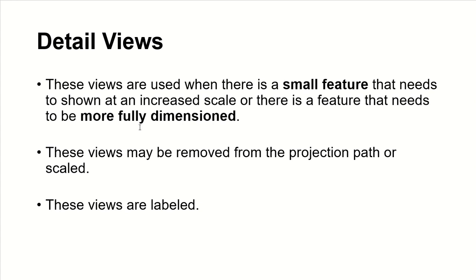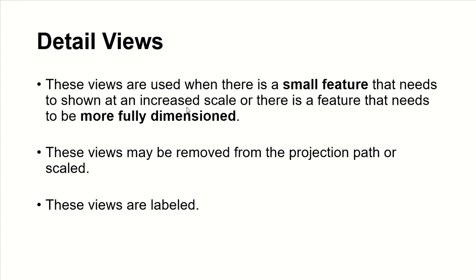So detail views are nothing but you put in more fully dimensioned values. And it's got to be fully dimensioned because you're dealing with different kinds of features. Right now we're going to deal with the small features, and that small feature needs to be fully dimensioned.